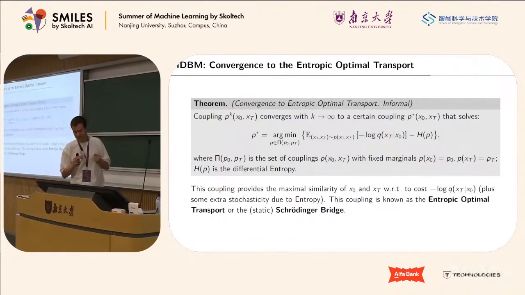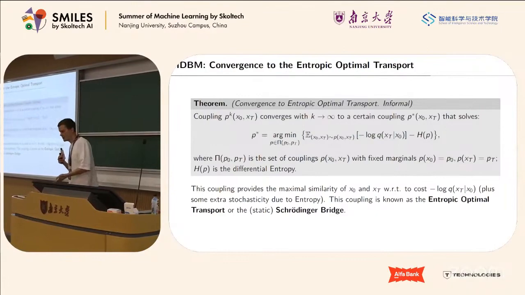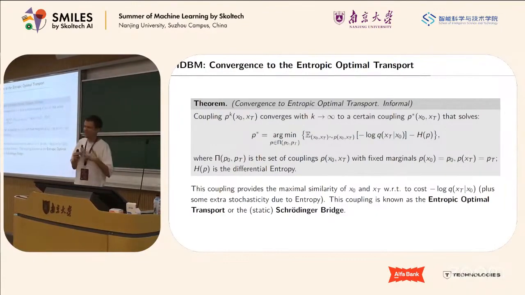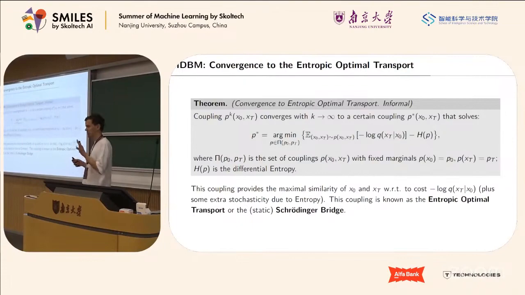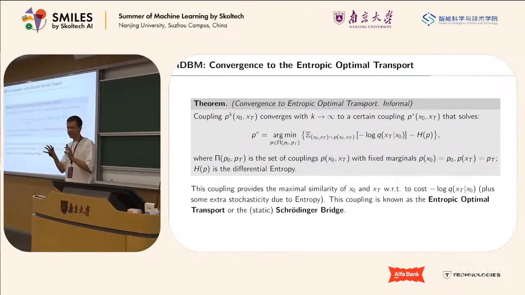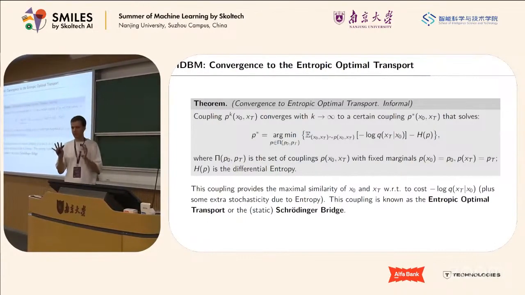When you do multiple bridge matching iterations on top of previous iterations, it converges to a particular diffusion process which defines a special coupling between the input and target probability distributions. And this coupling is called the entropic optimal transport coupling.